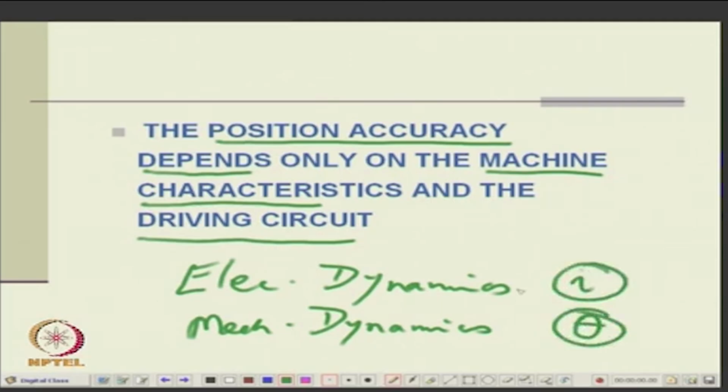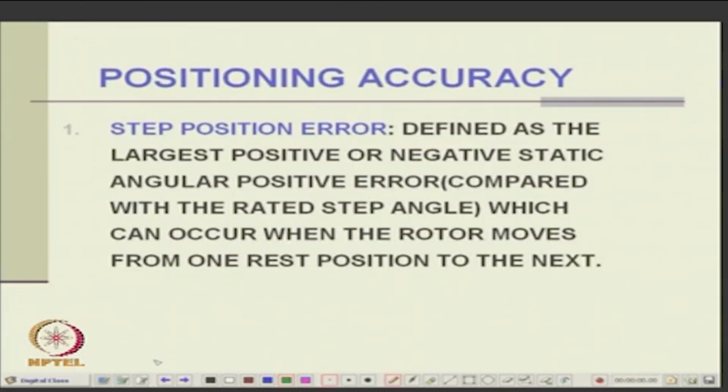So, this is important in your studies. Now, in engineering systems, I always say they do not behave as you want them to behave, there will always be errors.